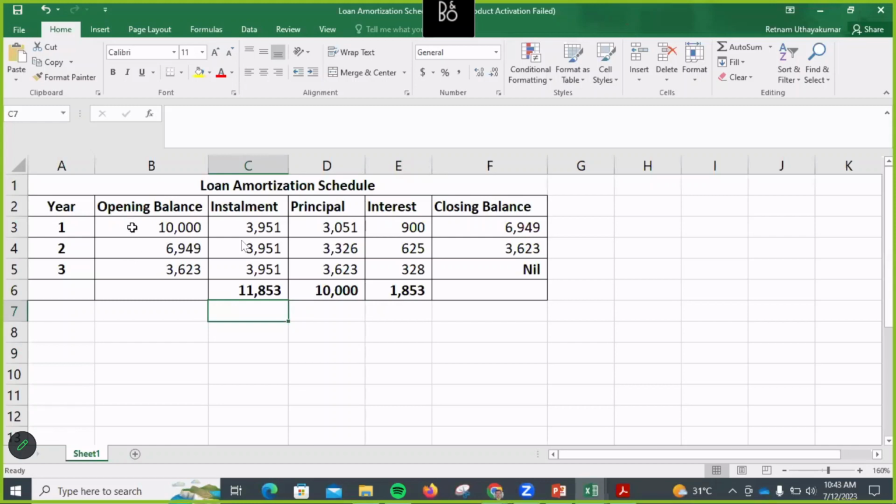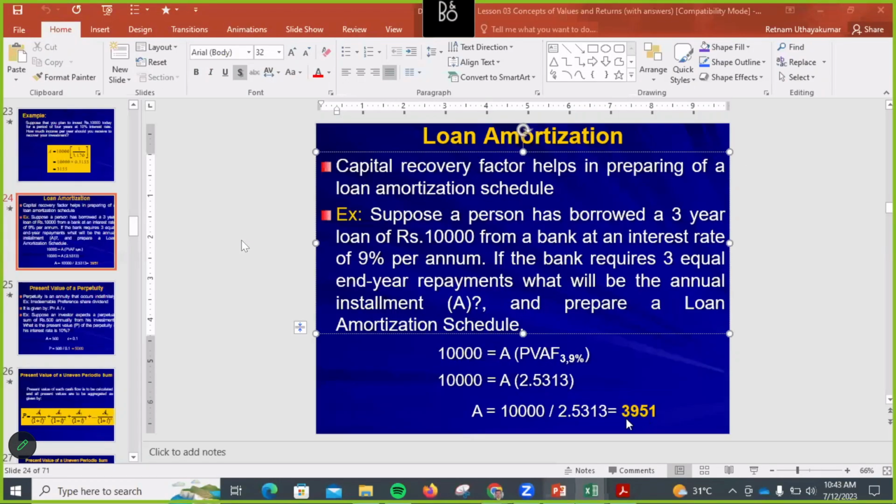So I have the answer here. You can observe that. The opening balance in the first year is 10,000. Then the installment, as we have calculated, 3,951 to be paid every year.